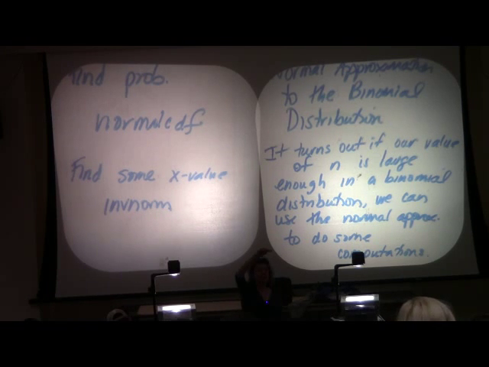But essentially, your binomial distribution is called a discrete distribution. In other words, you can compute the probability at any particular value. Whereas your normal distribution is not. It's called a continuous distribution. So you only find probabilities within regions.